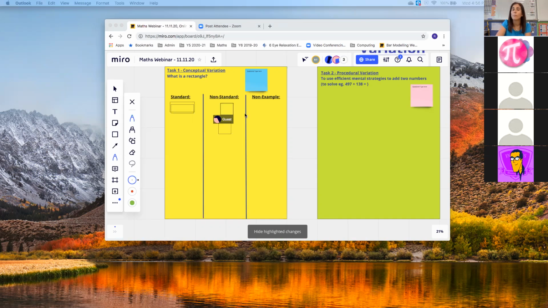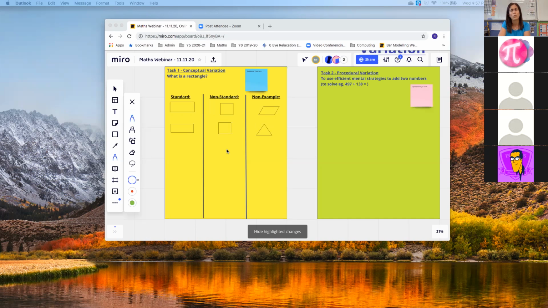So at the moment, what I can see is that standard-wise, for the 2 examples that are there, people have drawn a rectangle. That is the standard rectangle. And I can see some of you already drawing a square. That is a great idea, because a square is a rectangle, but because we tend to call it a square, it confuses children.